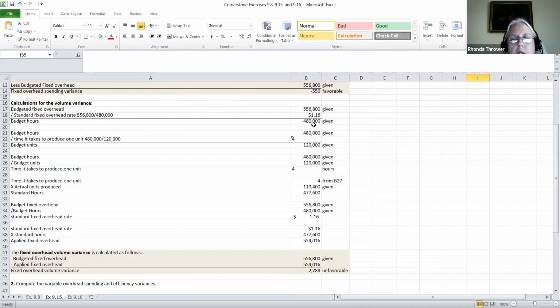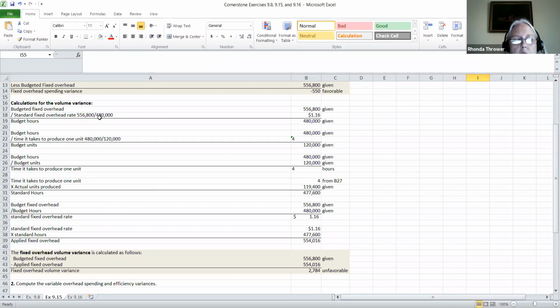If you divide 480,000 hours into your budgeted fixed overhead, it will give you $1.16, which is our standard fixed overhead rate. So the first thing you need to do is figure out what your standard fixed overhead rate is. And this is the formula for calculating your standard fixed overhead rate. It's the budgeted fixed overhead divided by your budgeted hours.